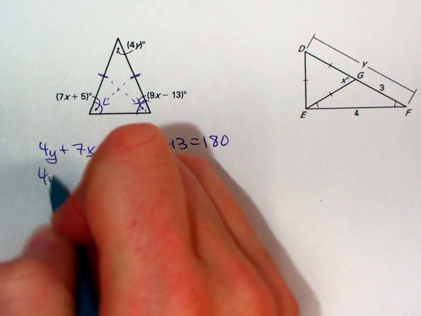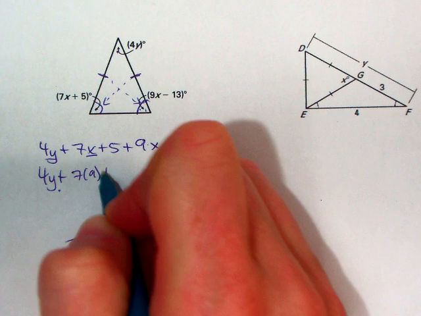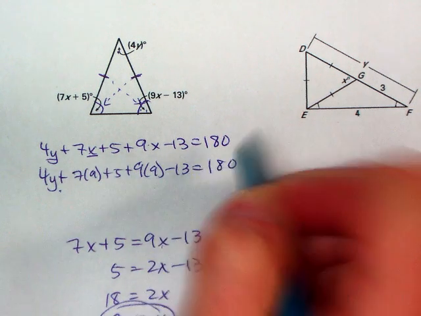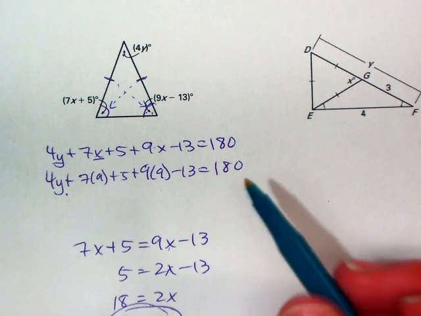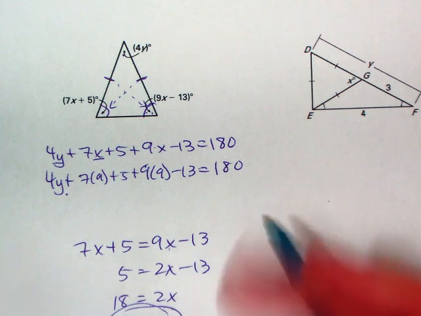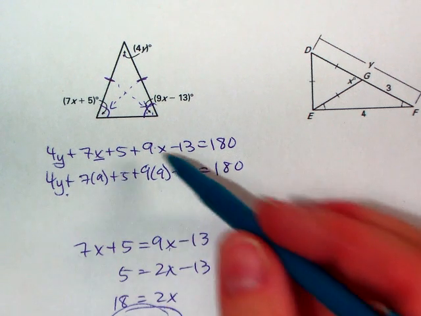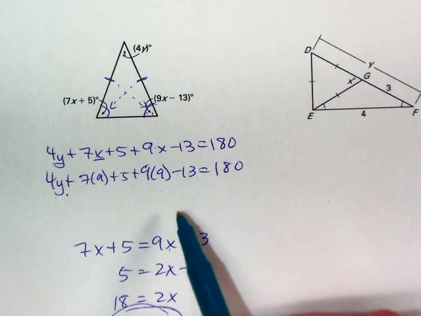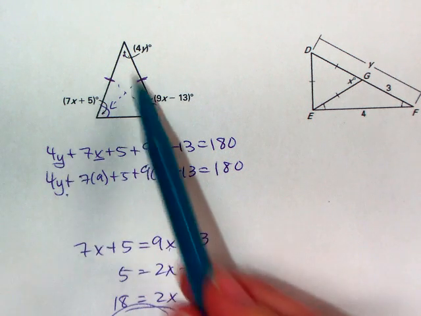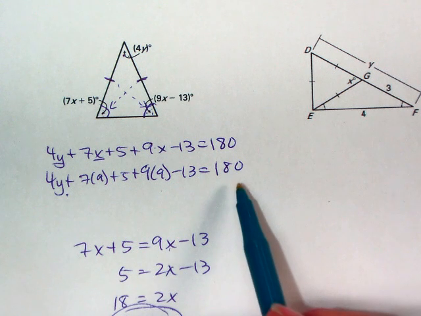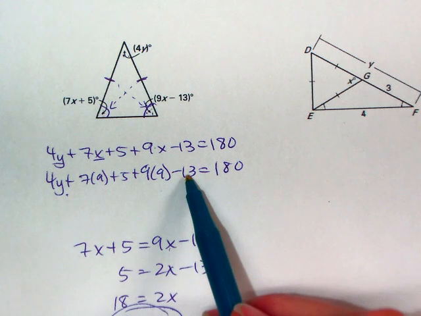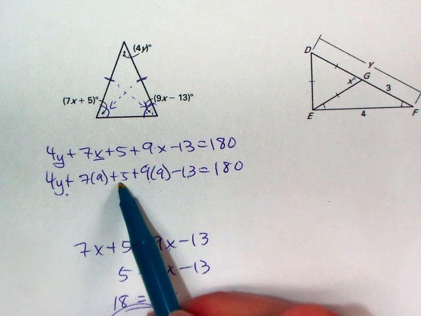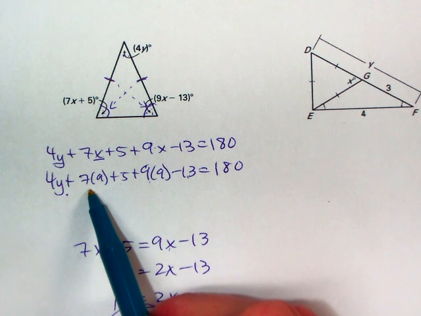Now I could use that to help me up here. So 4y plus 7 times 9 plus 5 plus 9 times 9 minus 13 equals 180. And so now that I figured out what x is, I kind of went off to the side and figured out what that would equal. Now I'm going to go back and just use it in the other equation that we came up with as far as all of the angles inside of a triangle equal 180. So I'm going to take 180, I'm going to add 13 over, I'm going to subtract 81, I'm going to subtract 5, and I'm going to subtract 63.